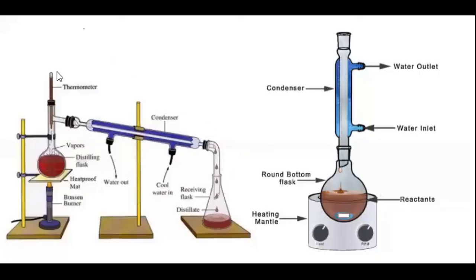So this is the experimental setup for distillation, and this is the experimental setup for refluxing. There is only a minor difference between distillation and refluxing. If you observe, the mixture is taken in a round bottom flask and heated. Here also the mixture is taken in a round bottom flask and heated.